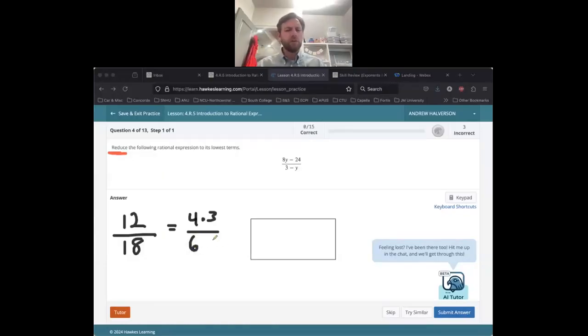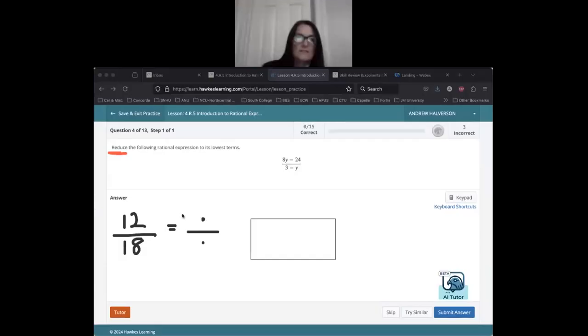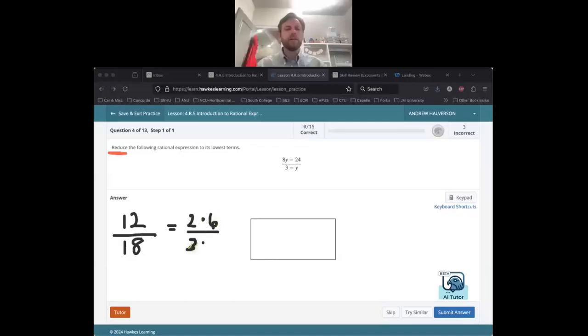Is there a higher number? Yes, 6. You're looking for one that goes into both. So 2 times 6 and then 3 times 6. Notice what we did is we found the common factor, and then we cancel that common factor, leaving us the 2/3. That was the process all the way back then.